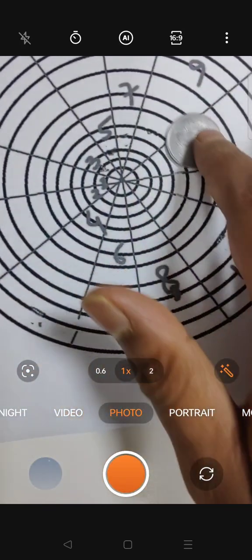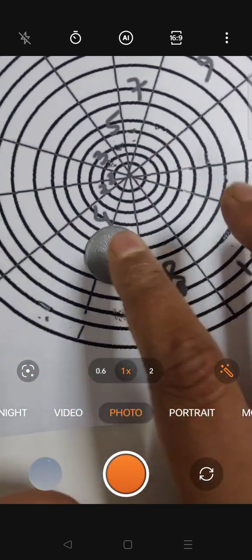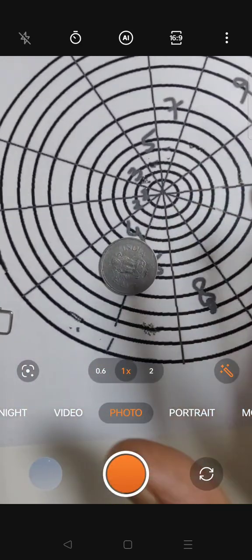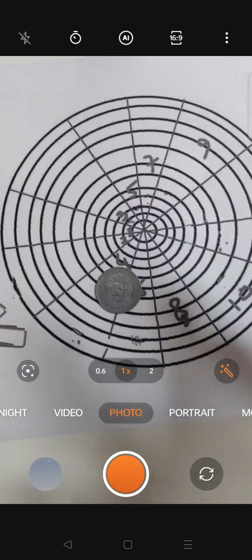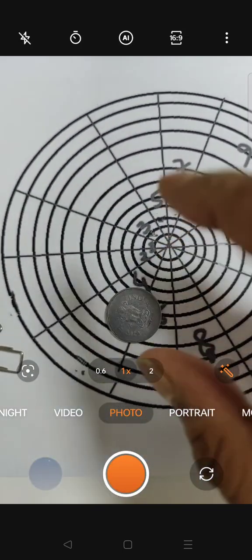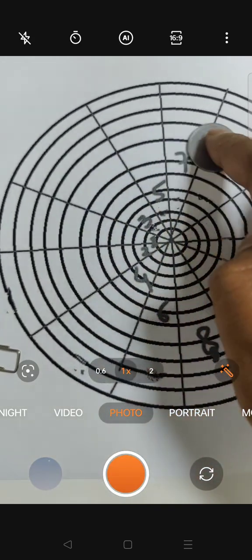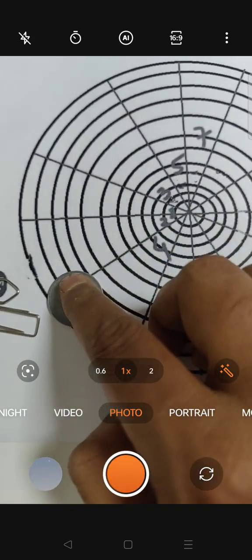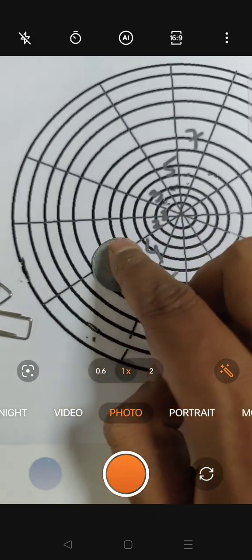Each day it completes 360, but with the zodiac, due to its gap of 1 degree each day, it is completing 360. So all the planets, like Jupiter, Saturn, Venus, Mercury, are completing 360 with the zodiac, and they are also going in this direction.